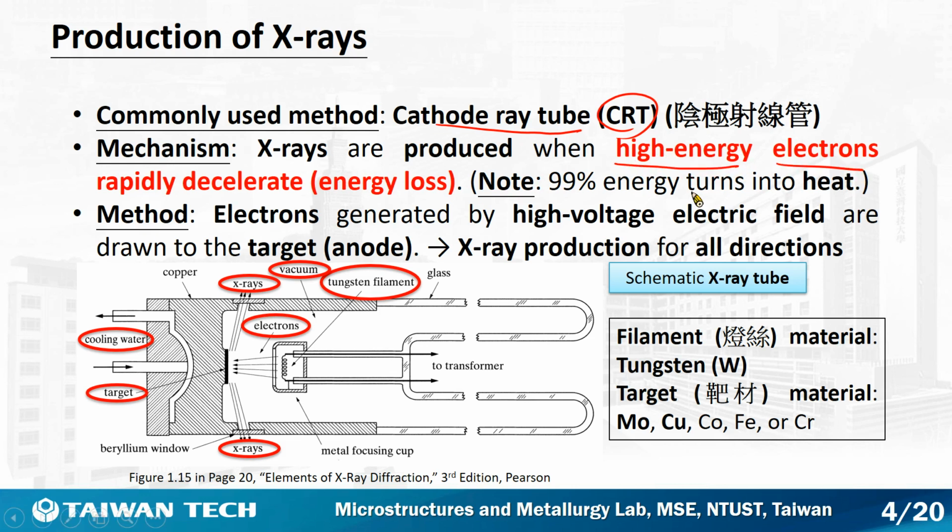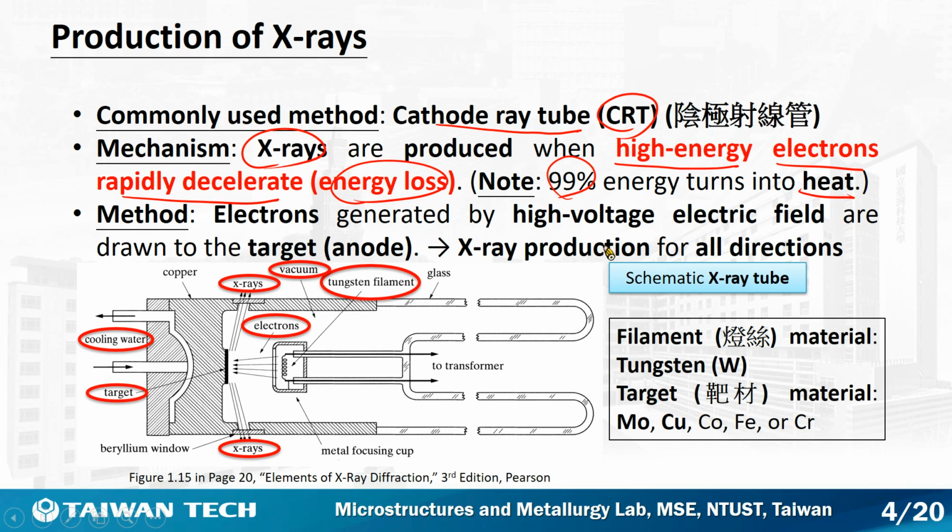When these high energy electrons undergo rapid deceleration, there will be an energy loss. Of this energy loss, 99% will turn into heat, but the remaining 1% will produce X-ray.